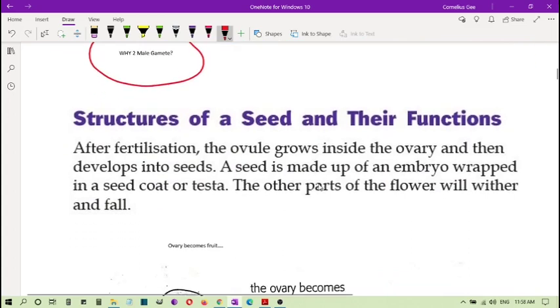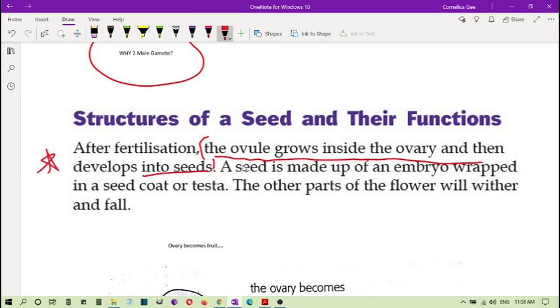Okay, so after fertilization, very important, students, I want you to take note. The ovule grows inside the ovary and then develops into a seed. Now the seed must have the embryo. If you learned earlier, after fertilization, the fertilized egg becomes an embryo, right? So you must also take note of what happened.